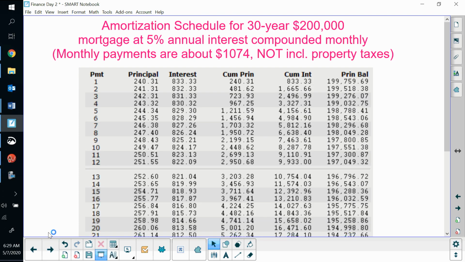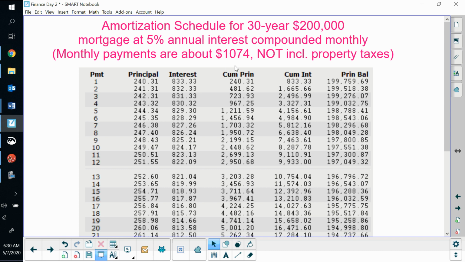So if we look at a similar idea with a mortgage, so say it's a $200,000 mortgage, 5% interest, and your monthly payments are this if you don't factor in taxes, because taxes would add onto that. So in your first payment, you start with 200,000.